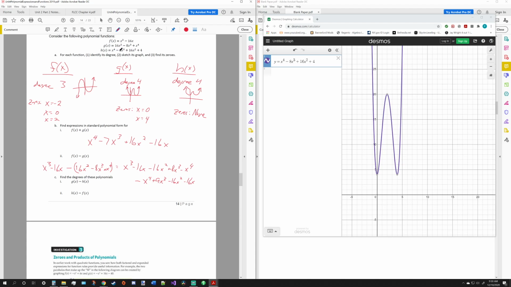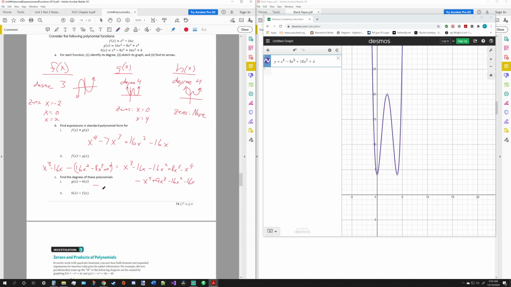So that's like adding 8x cubed, and so that would end up being canceled. Squareds, 16x squared minus 16x squared. That will cancel, right? Because if you notice, these are this exact same function so far, except h of x has a plus 4 at the end. And so if I take g of x and subtract h of x, all I'm going to end up with is that minus 4.